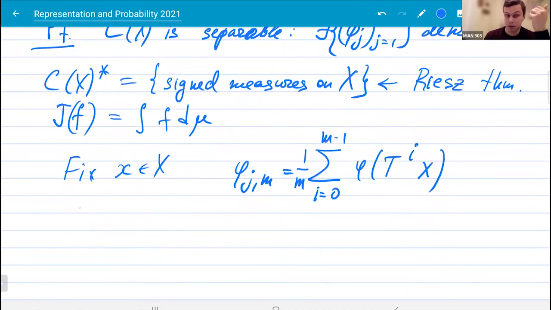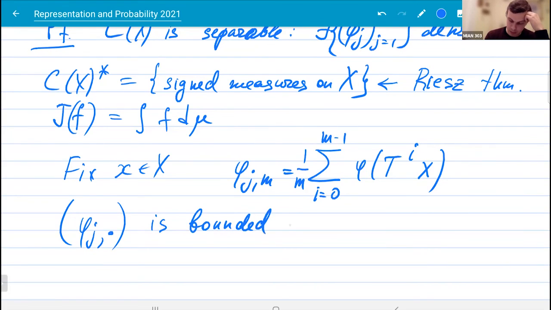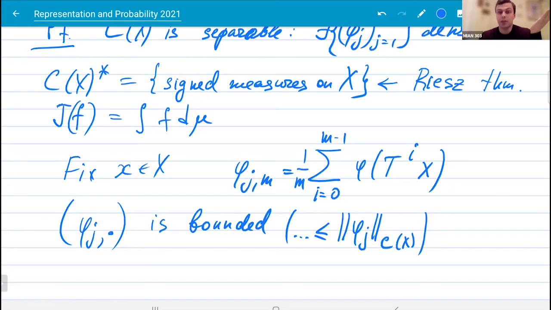So let's write it down as follows: phi j m. This set is bounded because everything is not more than the norm of phi j in C of X. Because every continuous function on a compact set is bounded by some value, when you take any point and take averages of this sort, it is bounded by the norm of phi j.